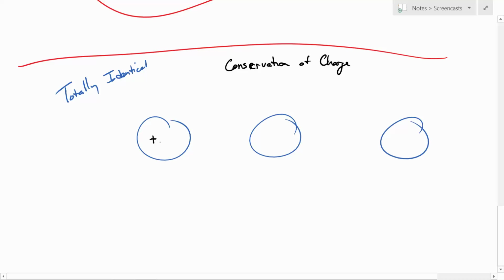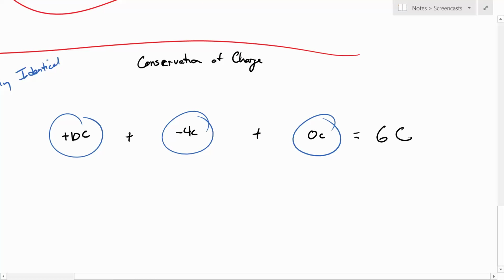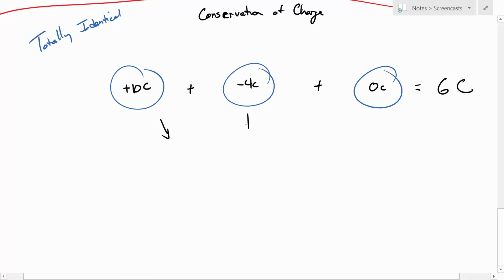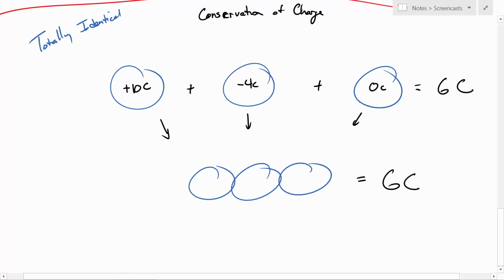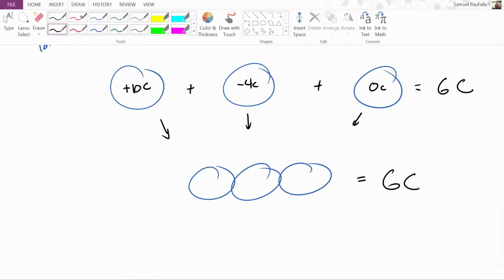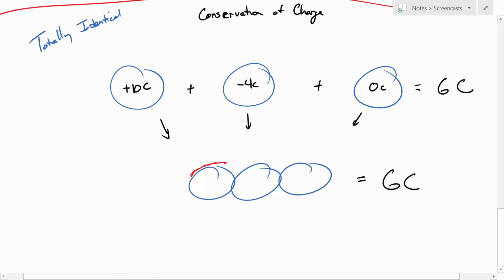So that means if I start off with 10 coulombs on this, with negative 4 coulombs on this, and this thing is neutral, then my total charge is 6 coulombs. So if I bring all three of these together to touch, and they're not even close to touching actually in that picture. That's close enough to touching. My total charge is still going to be 6 coulombs, but it's now going to be smeared out over this whole thing.